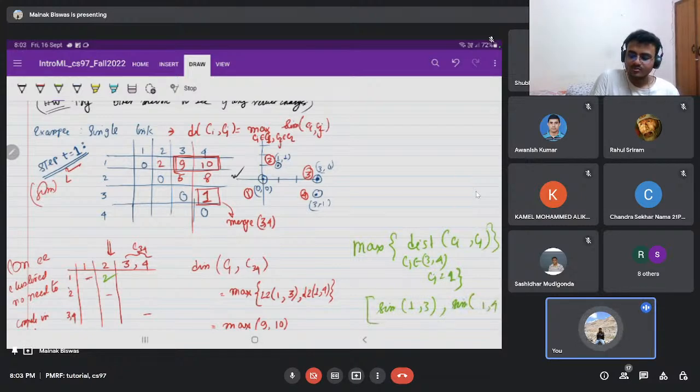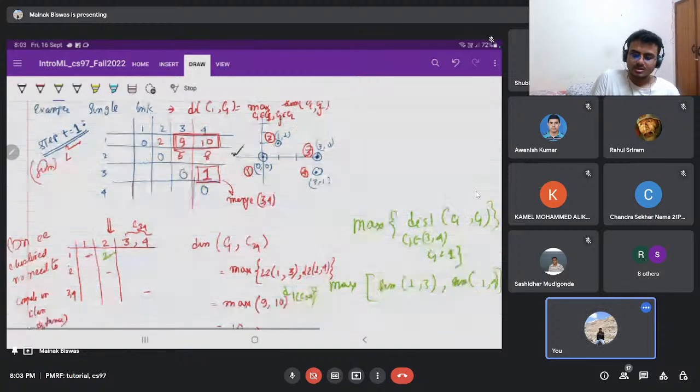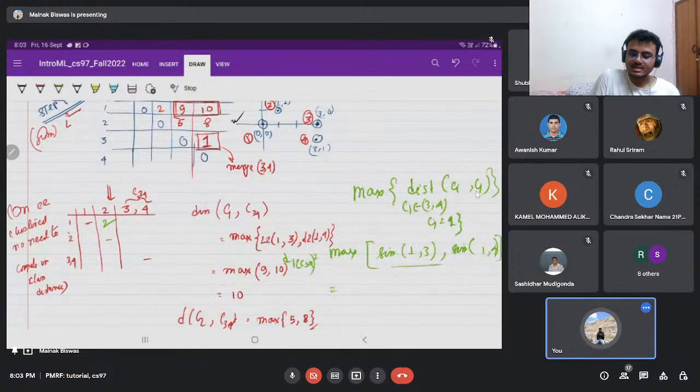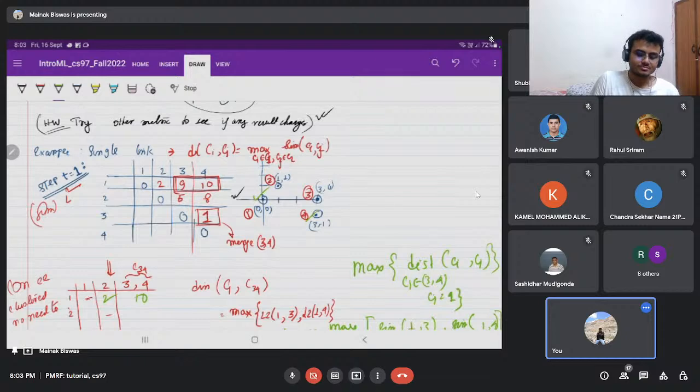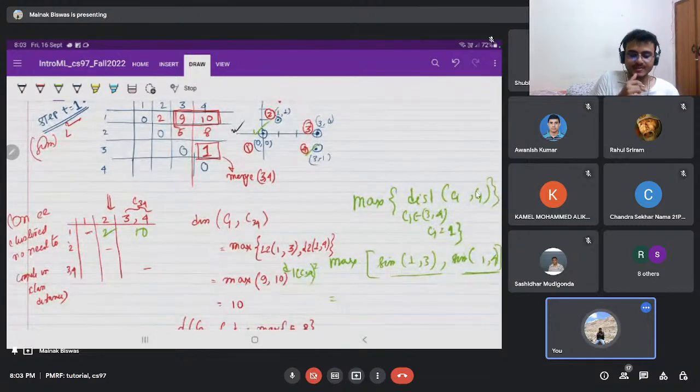I will take the max of this as the distance between 1 and cluster 3 and 4. What is the maximum distance here? This is 1 and 4, this point and this point, that is root 10. This is the maximum between these two.